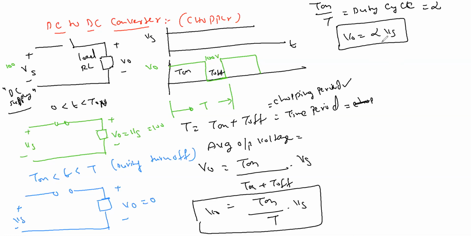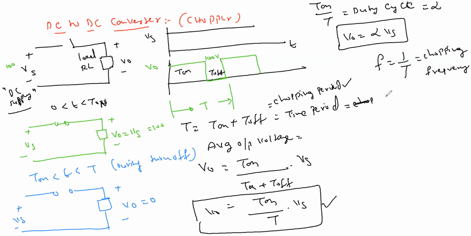Another thing is in terms of frequency, F equals 1 by T. This is the chopping frequency. We call it that because it is how fast you are switching on and off. Then V0 can be replaced here now.